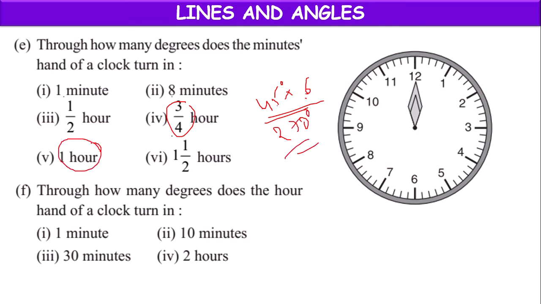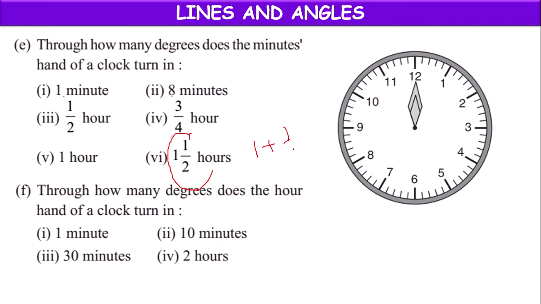In 1 hour, it will make one complete rotation, which is equal to 360 degrees. In 1.5 hours, 1 hour plus half an hour. In 1 hour, it will rotate 360 degrees and come back to its original position, and in half an hour, in 30 minutes, it will move 180 degrees.